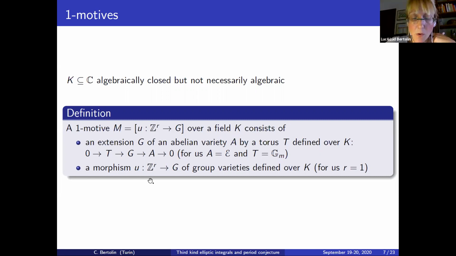So this group morphism is just to fix a point on the extension G. So you take an extension of E by Gm and you choose a rational point on the extension. You can define 1-motives in a more general context above any scheme, but for us, the definition over K is enough.